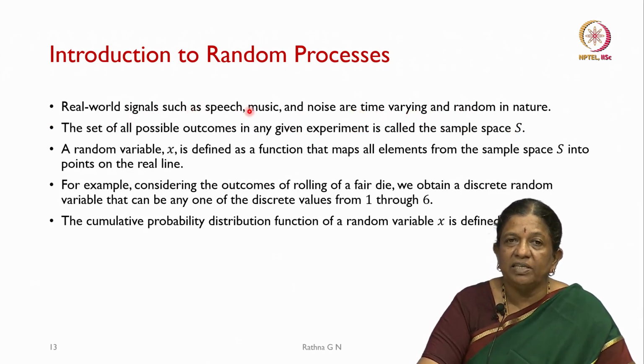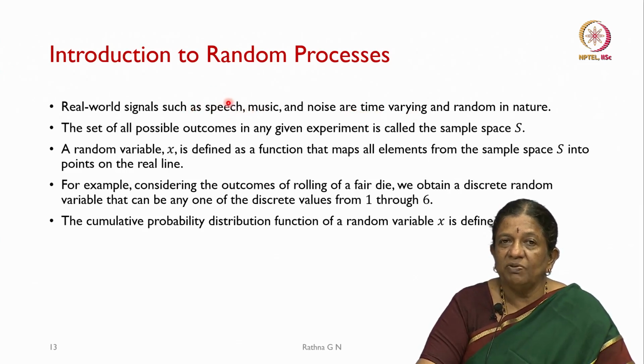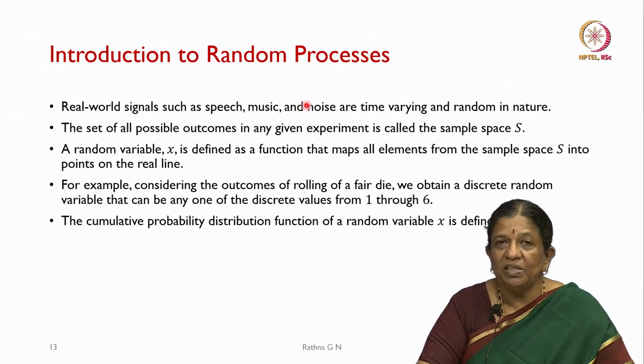We will see some applications later, based on speech and music. We have already seen how noise is introduced in music or speech, and how we are able to eliminate the noise if the noise is known.